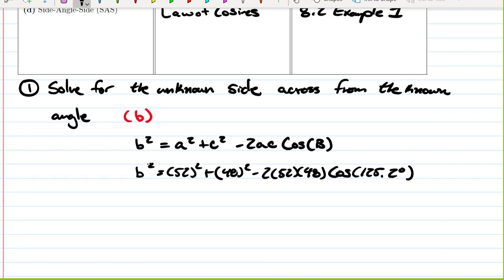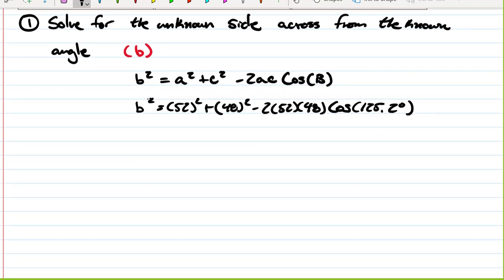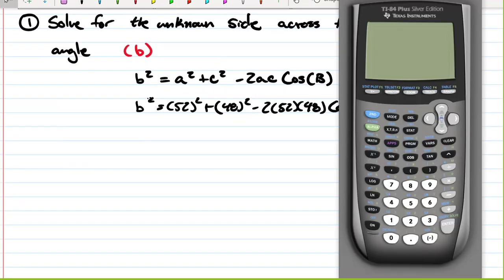So we need to put this into our calculator. So I have 52 squared plus 48 squared minus 2 times 52 times 48 times the cosine of the angle in between them, which is 125.2.